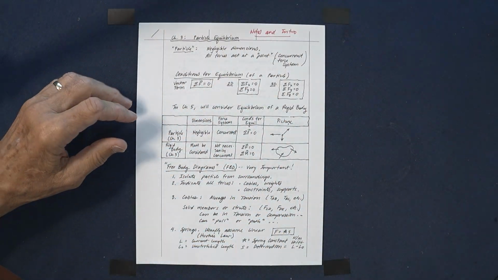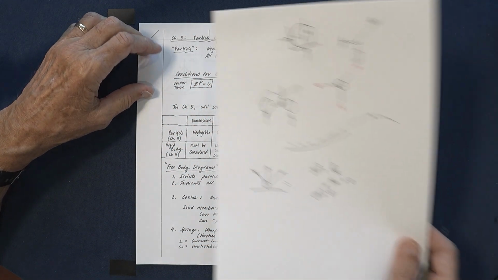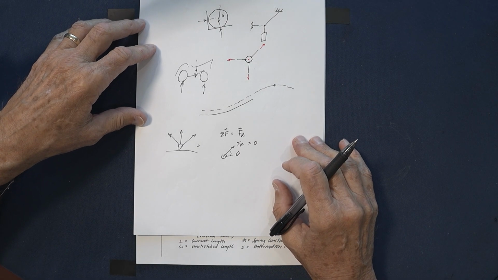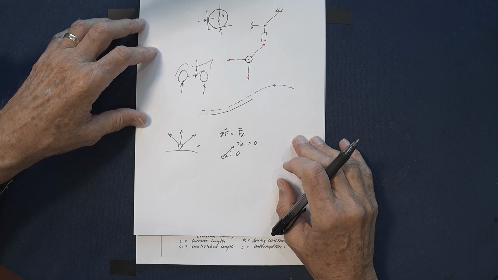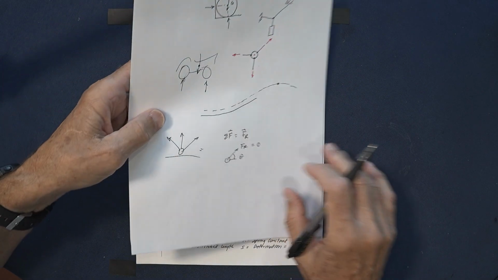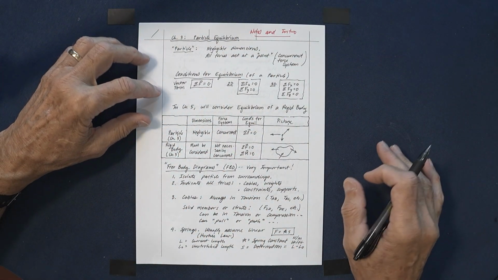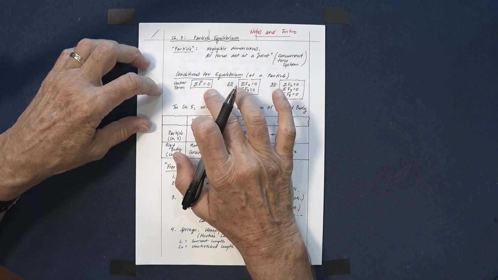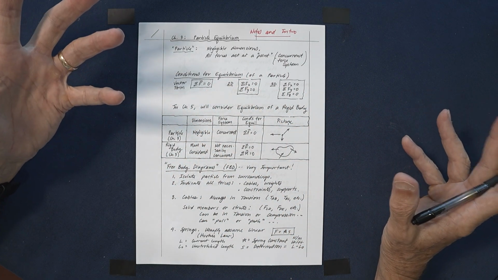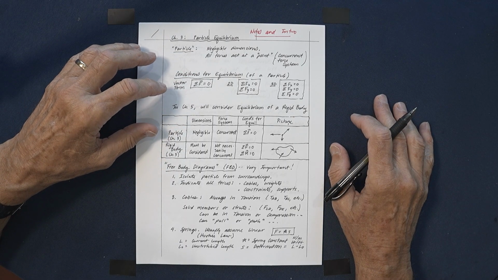Now the body may or may not be stationary. The body actually could be moving at a constant velocity. So in other words, it has zero acceleration, and it will still be in force equilibrium, and you could argue static equilibrium, where the sum of the forces is equal to zero. And so that's still static equilibrium.